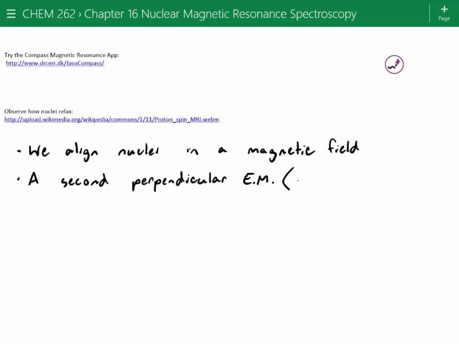And I'm going to say radio waves just so we're being specific. To knock the spin off axis.